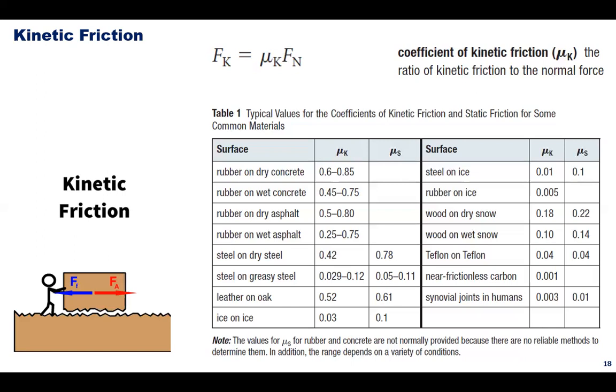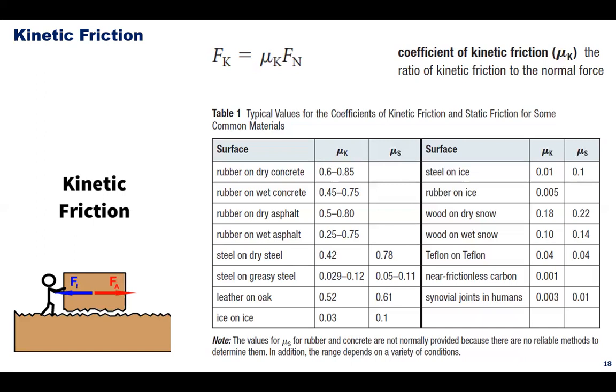So here, table 1 lists some coefficients of kinetic and static friction. Of course, we'll discuss static friction in the next lecture slides. So these are the kinetic and static frictions for some common materials. These values of mu k show that the frictional force depends on the properties of the surfaces that are in contact.